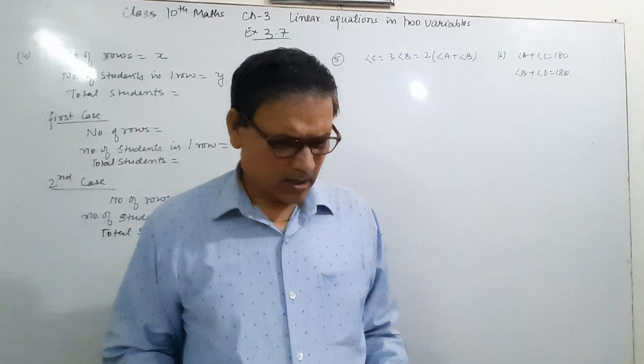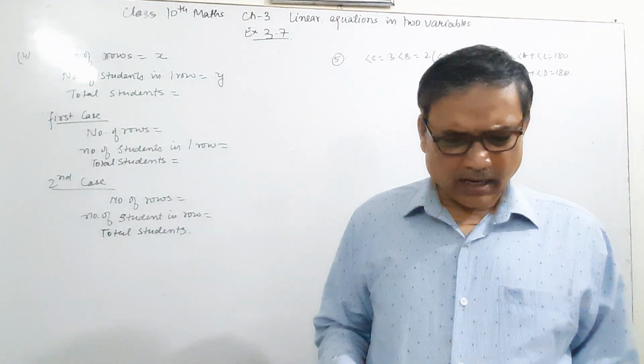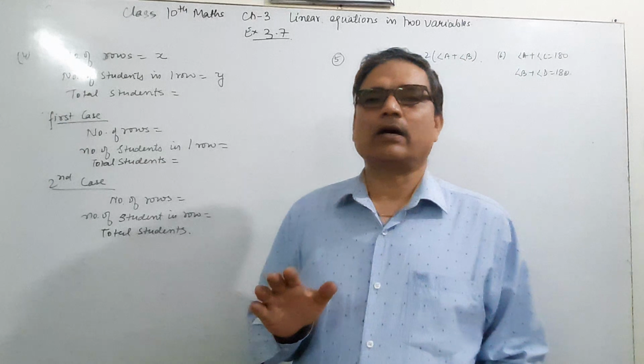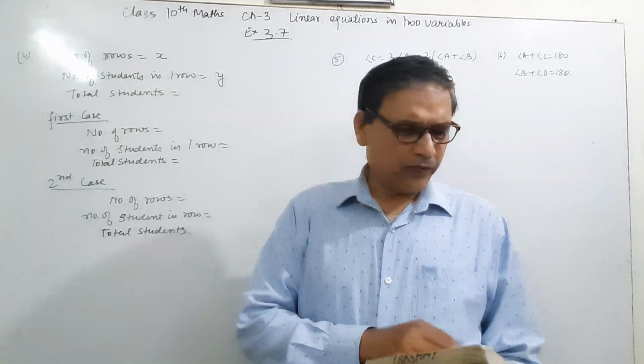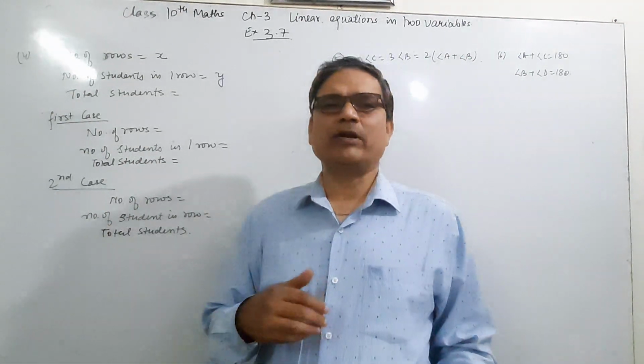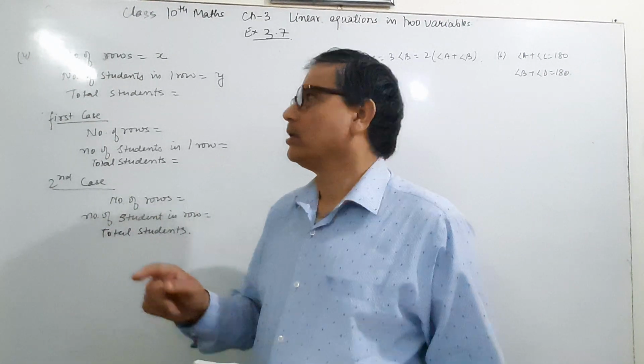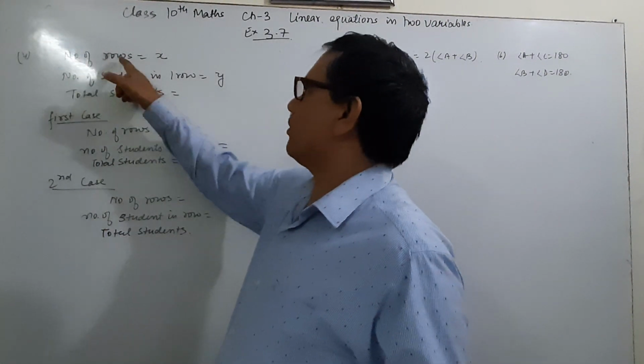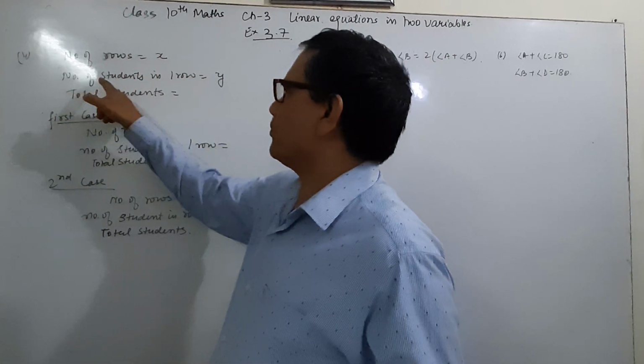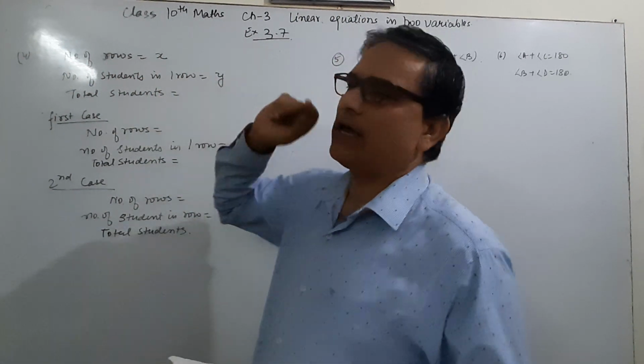What is the question? The students of a class are made to stand in a row. If 3 students are extra, meaning plus 3 students extra in a row. It means total number of rows is equal to x. Number of students in one row is equal to y.